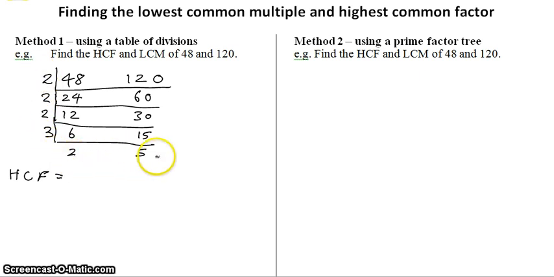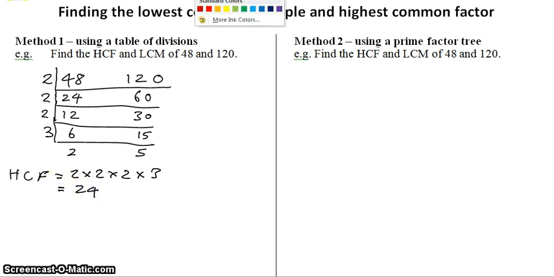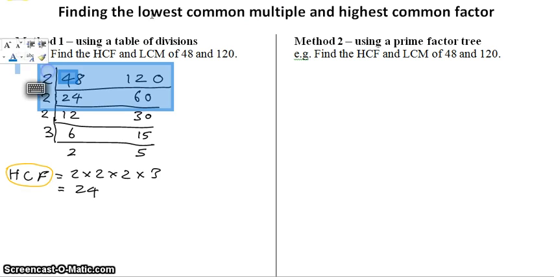Yeah. So you've got these on the bottom and these are higher up. So the highest common factor is going to be 2 lots of 2 lots of 2 times 3. Okay, which is 8 times 3, which is 24.